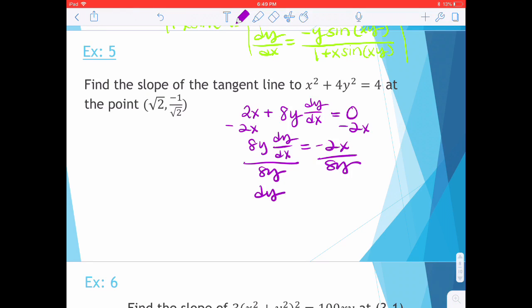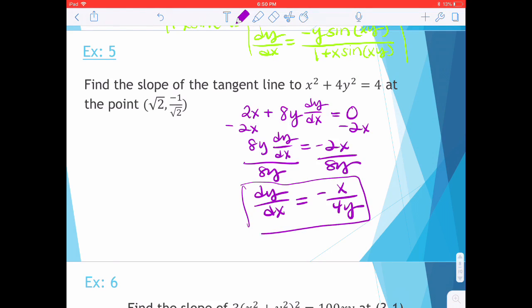So dy/dx is equal to negative x over 4y. Okay, so there's our tangent line slope function. So let's find the slope. So we have to plug in the two values here.